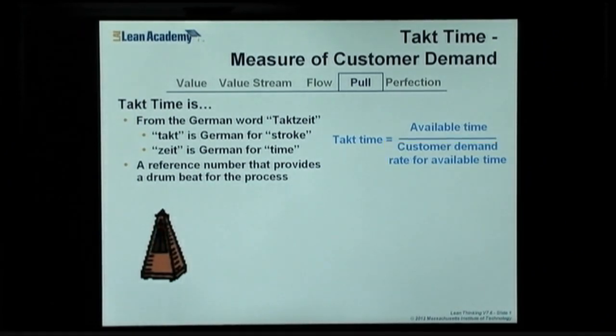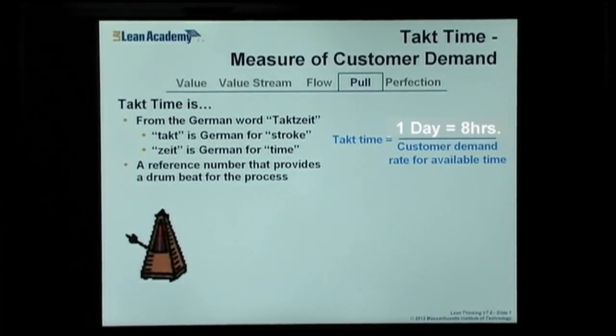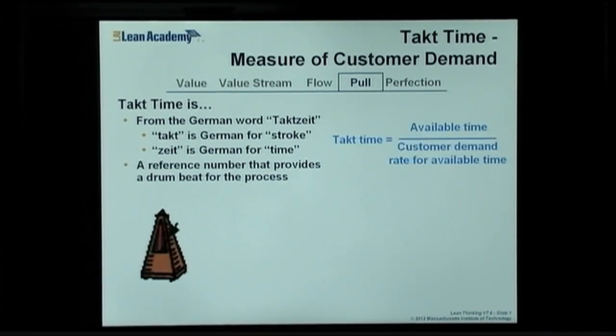So if I have a day and I have to see 16 patients, what's my tack time? 8-hour day, 16 patients, half hour, right? If I'm not seeing a patient every half hour, I'm behind. It's not rocket science, but it's a way of understanding what the customer demand is, and if I hope to have anything resembling a pull system, what kind of time constraints I have to stay within.